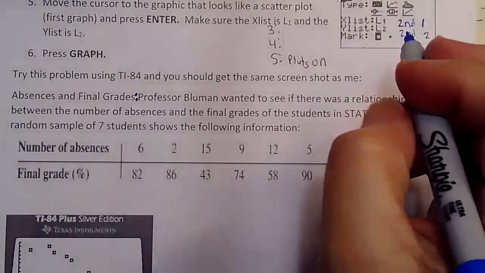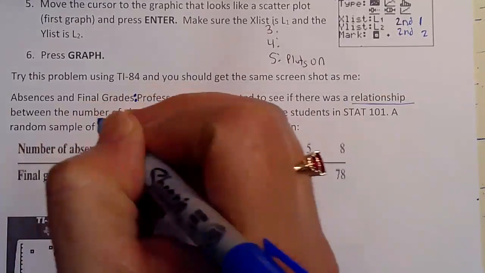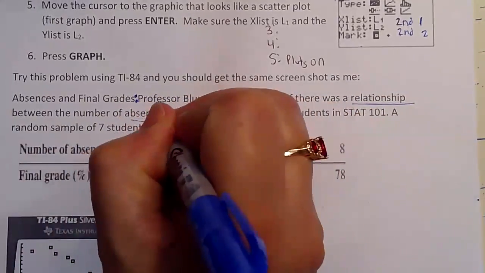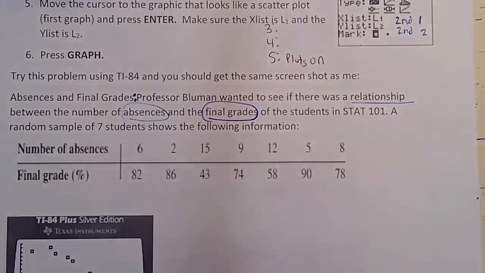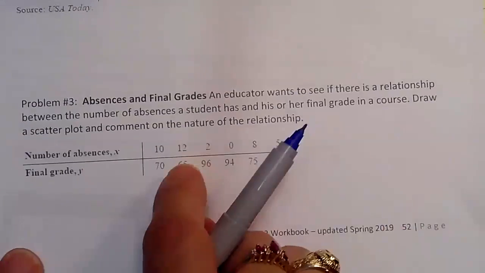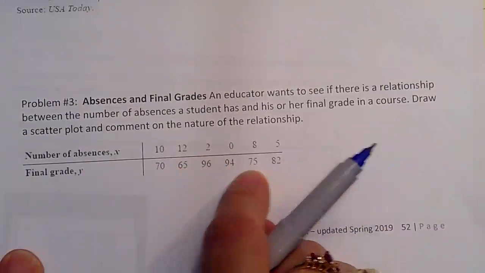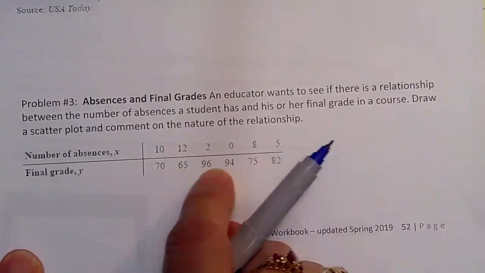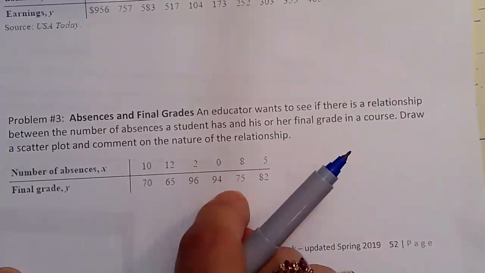Well, he says he wants to see if there's a relationship. So yeah, he's got that in there. And it's between the number of absences and the final grades in the course. Okay, it's very similar. But this one has 1, 2, 3, 4, 5, 6 students here.